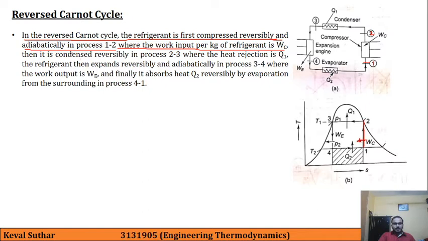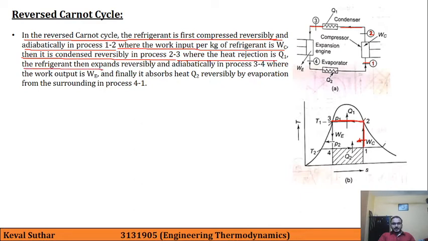Then it is condensed reversibly in process 2 to 3. It goes into the condenser and is condensed reversibly at constant temperature, where the heat rejection is Q1.